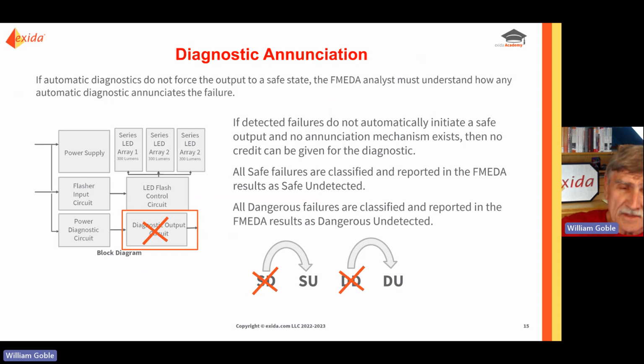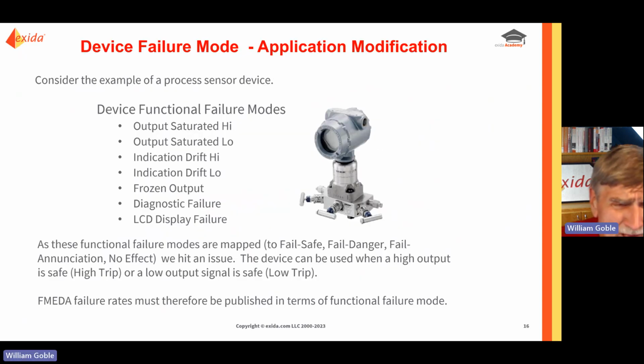In those cases, unfortunately, everything that you had previously marked safe detected or dangerous detected or even enunciation detected all turn into undetected. It might be conservative, but we're talking automatic diagnostics, not manual testing and manual inspection.